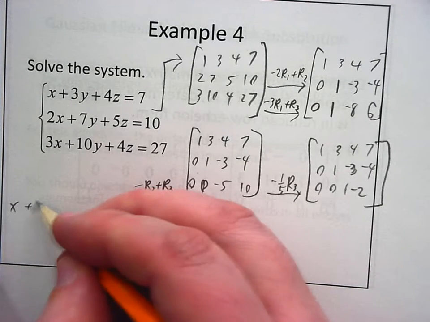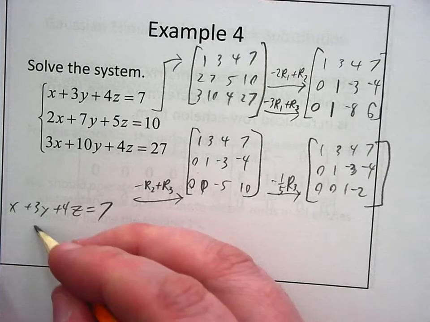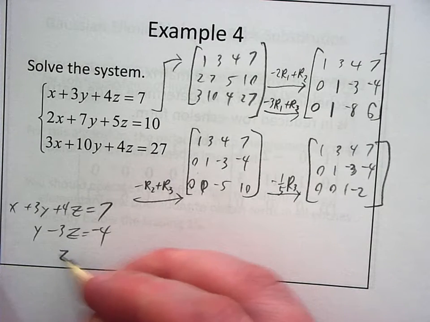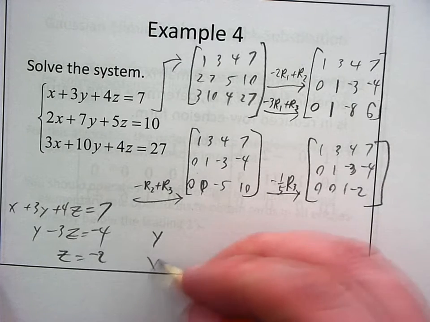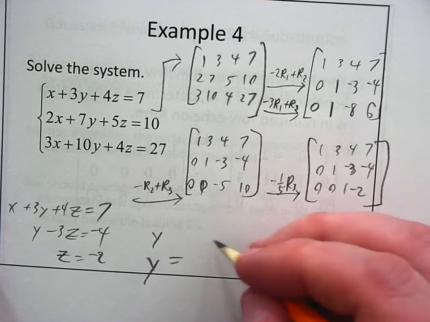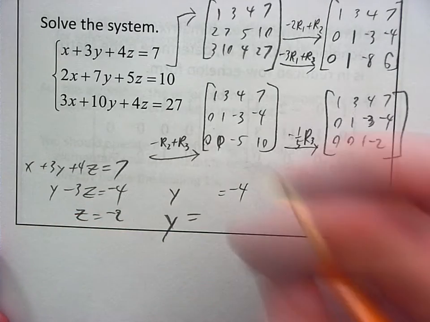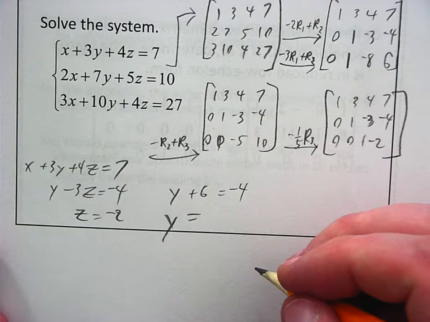So I have x plus 3y plus 4z is equal to 7. Y minus 3z is equal to negative 4. And z is equal to negative 2. So what am I going to get for y? Because I'm going to plug negative 2 in for z, right? So that'll give me y plus 6, negative 10.